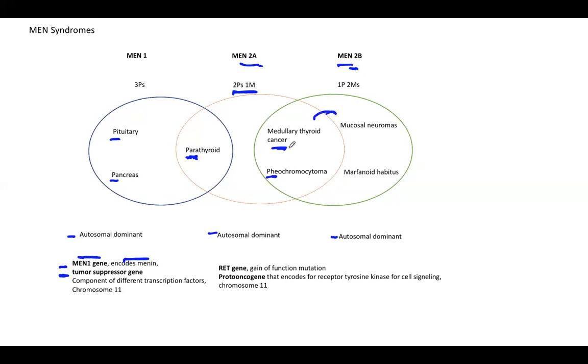And if somebody has medullary thyroid carcinoma, we should also think that he may have pheochromocytoma. So 2A is parathyroid, medullary thyroid carcinoma, and pheochromocytoma. But in this, parathyroid is not prominent. It happens only in a small percentage of people.